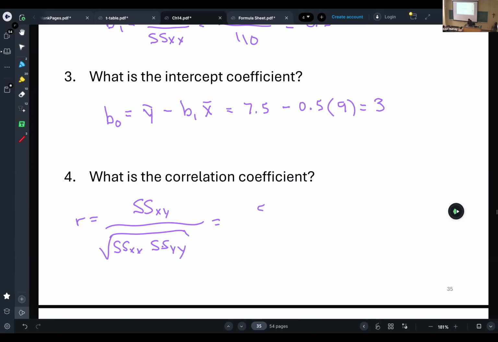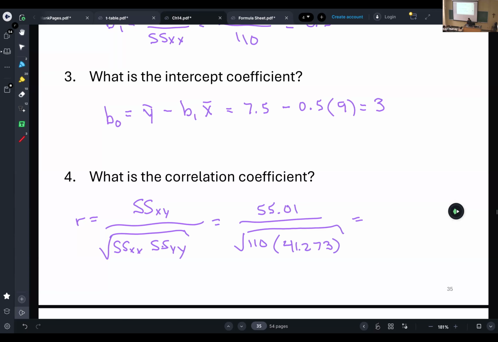So 55.01 in the numerator, square root of 110, multiplied by, and we got 41.273. Does that look good? Yep, I see agreement.